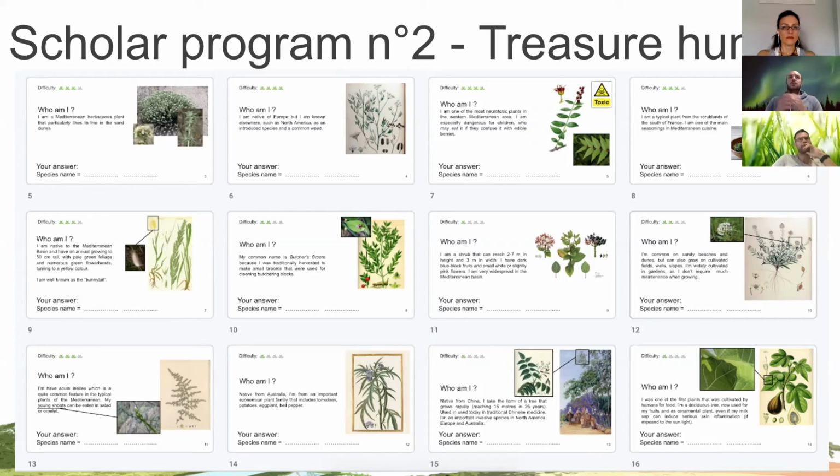And you can make the choice to focus only on the native plants, only on herbs used in medicine, only on toxic plants. It depends if you want to focus the training and the activity on a particular group of plants of interest related to the other courses that the students follow. But this gives you an idea of the diversity that we try to cover.